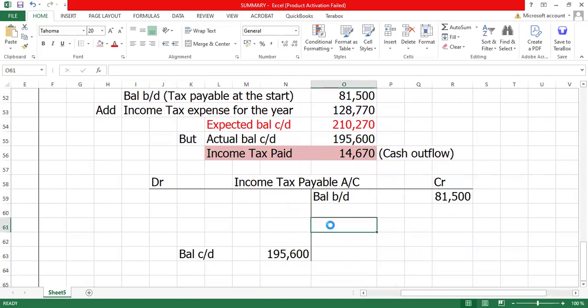Now you ask yourself, what was the tax paid during the year? You ask yourself, what were the income tax expenses for the year? You debit an expense account, that is P&L, then you credit a liability.